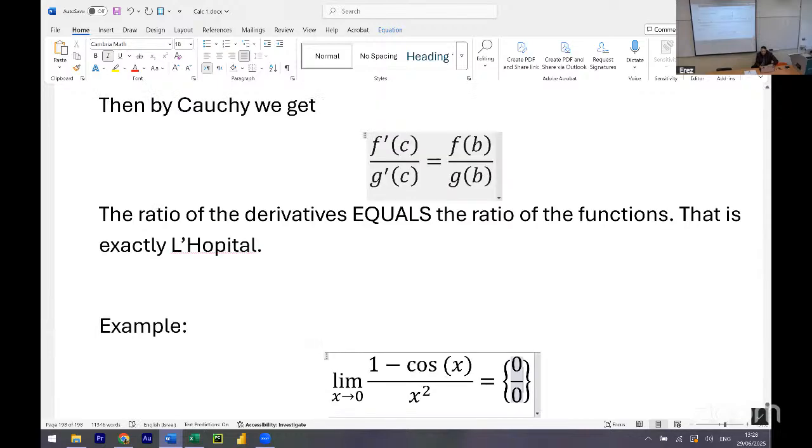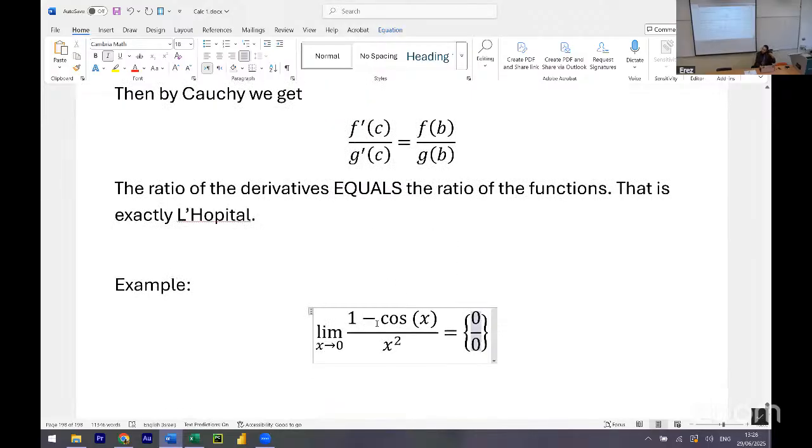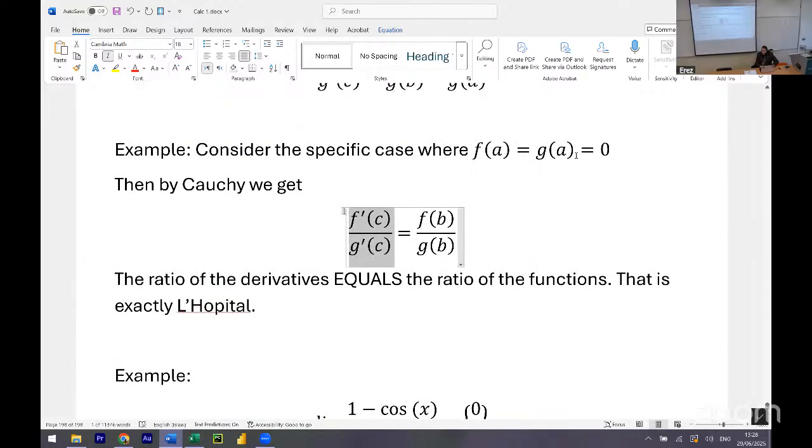That's the same as saying the actual value of the function at the start of the segment is 0. Therefore, the ratio of the functions is the same as the ratio of the derivatives. It would not be true if it wasn't 0 over 0.